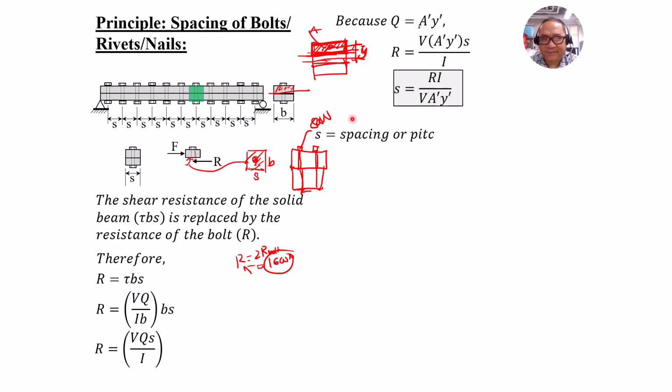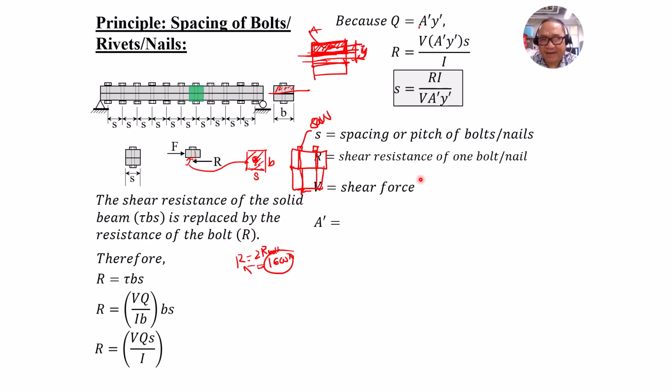So S is the spacing, or pitch, of bolts or nails. Then R is the shear resistance of one bolt or one nail. V is the shear force, the maximum shear force.